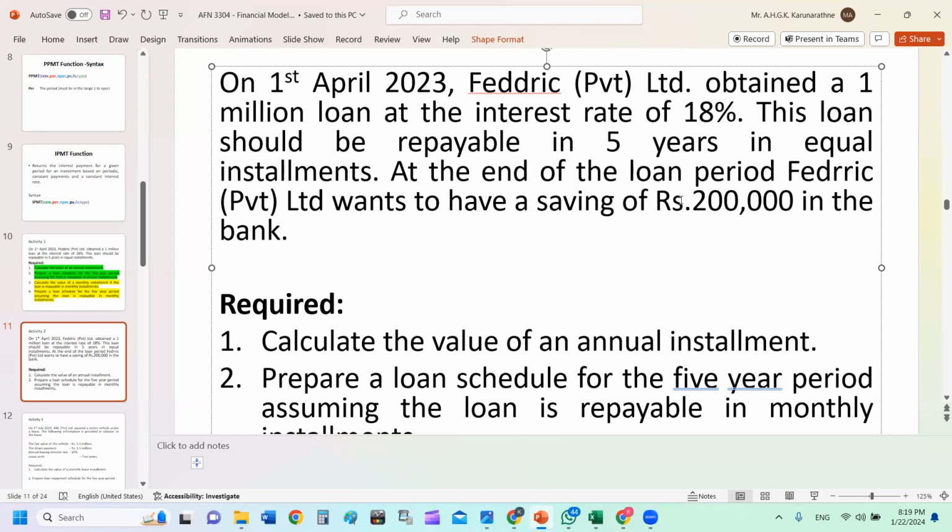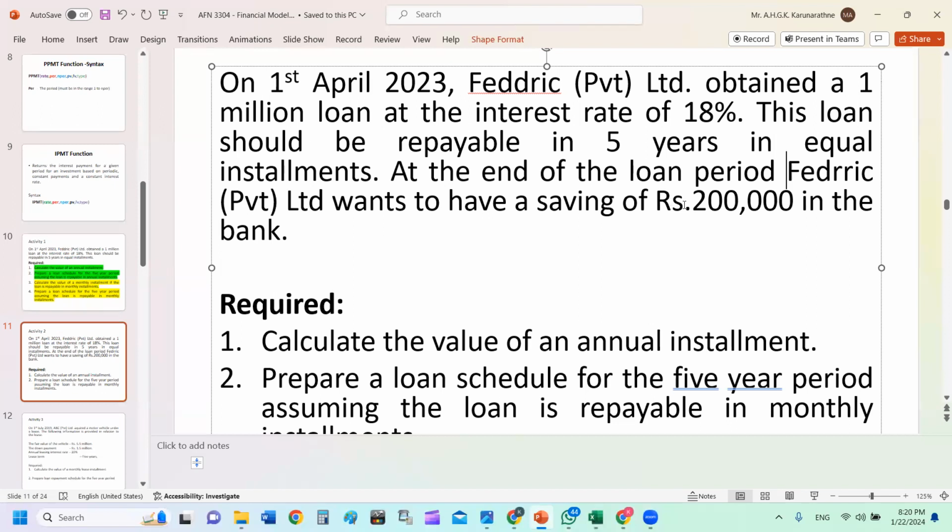It means you borrow 1 million today and you determine the installment in a manner that will let you settle your loan and generate a saving balance of 200,000 at the end of the loan period.